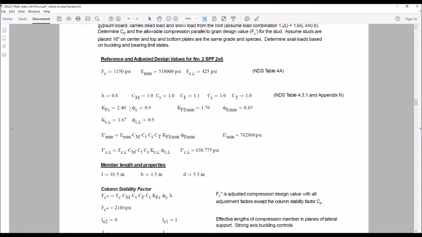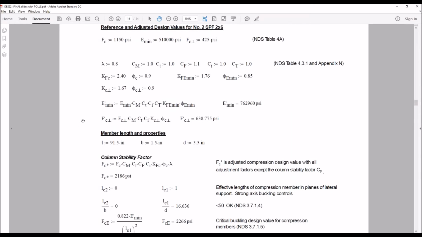Not lambda, I'm messing up my Greek letters, I'm sorry. This phi sub C is the phi value associated with this compression stress, F sub C. We have the K factor for E min and a similar phi value for that. And then again, one for the compression perpendicular to grain, the K sub C perp and phi sub C perp.